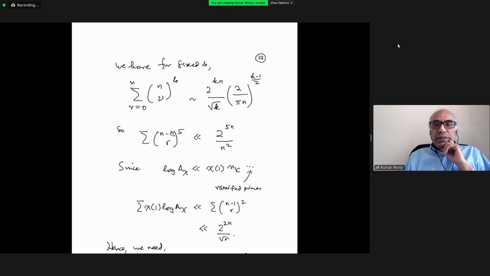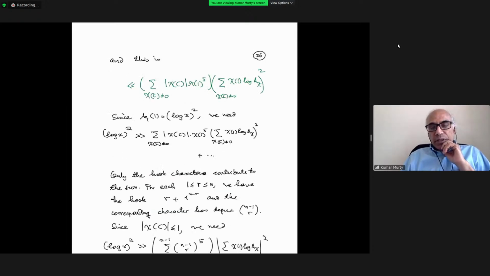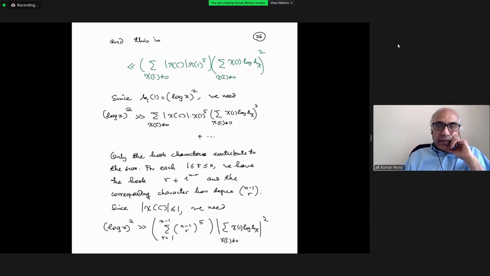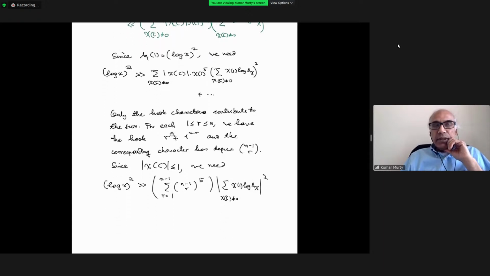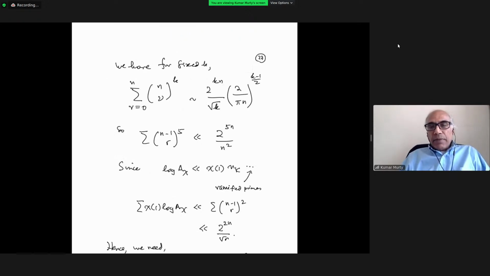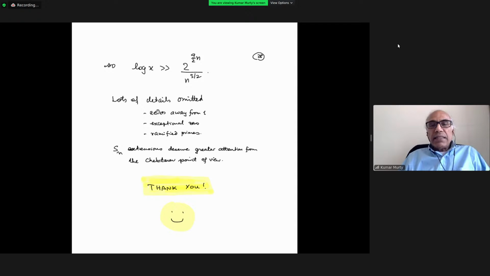You need to develop a version of the Deuring-Heilbronn phenomenon, and you need one which, assuming Artin's conjecture, gives a bound that depends on the Artin conductor, and that's a bit of work, but that has to be done. And then the last thing is ramified primes and prime powers, which is not so hard to do. But there are quite a few details, and once you get that in order, the bound works.